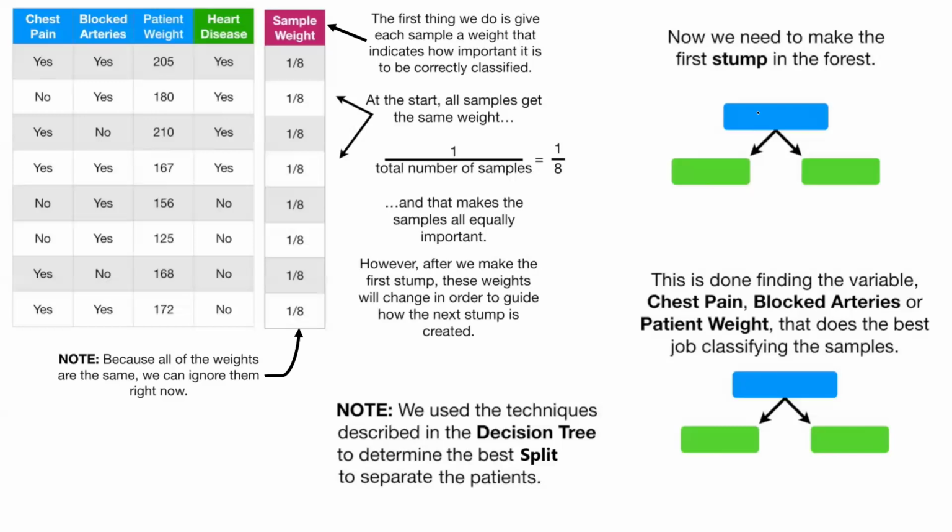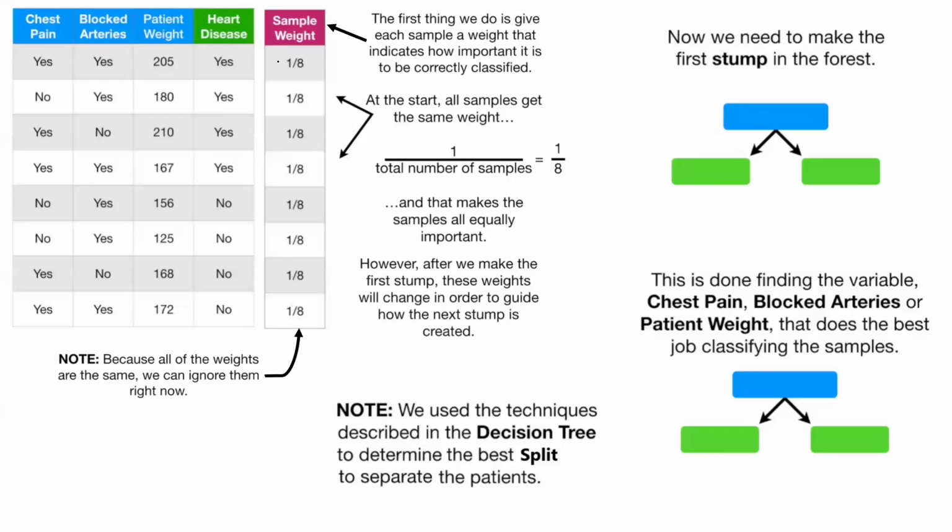That is decided by creating different possibilities with the dimensions and calculating the information gain. That is how you decide the best node for the initial stump. And now, as I told you, each record will have the same weightage.